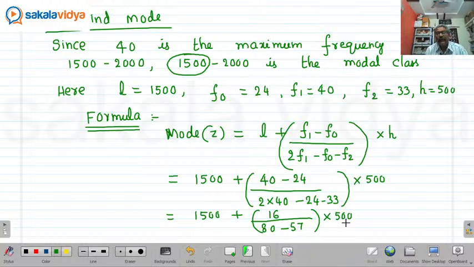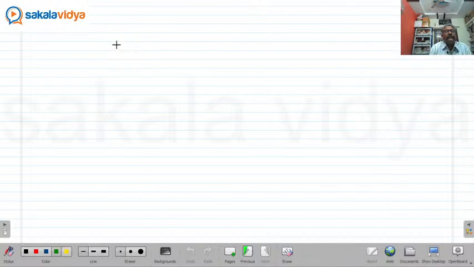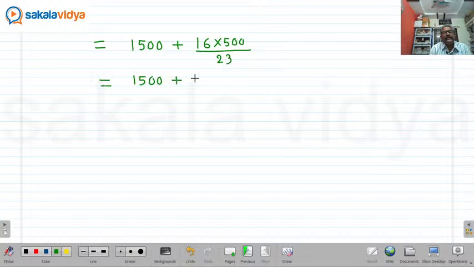Now 16 into 500 is 8000. 80 minus 57 will be, I think 23. 57 plus 23, you will get 80. So that means now we get 1500 plus 16 into 500 upon 23. This will be 1500 plus 8000 upon 23.